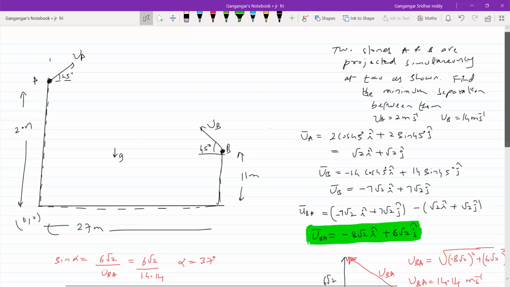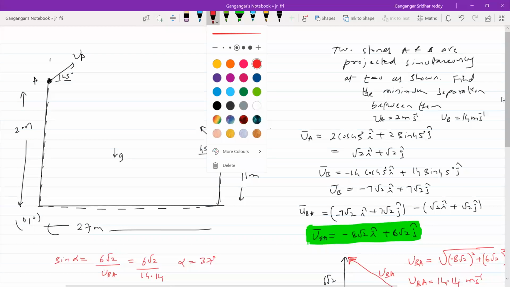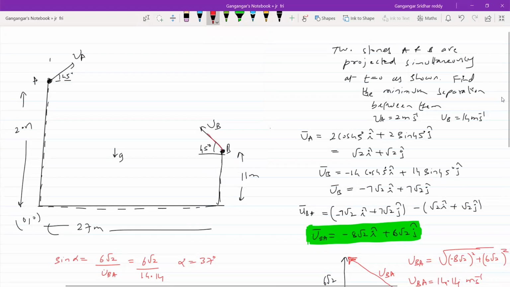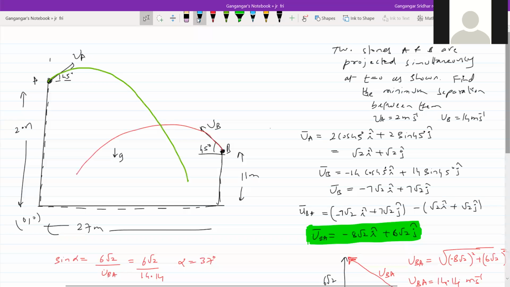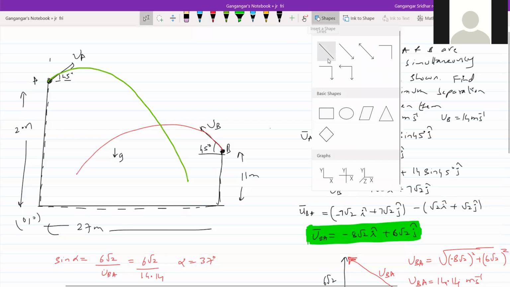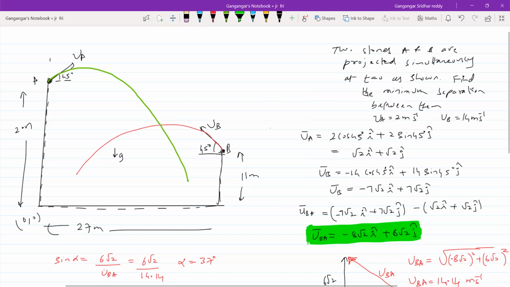So here the path of this will be somewhere, some rough diagram, not just a rough estimation. But what about the UBA vector? The UBA vector will be in this direction. This is very important. It will help you a lot to learn the concept here.